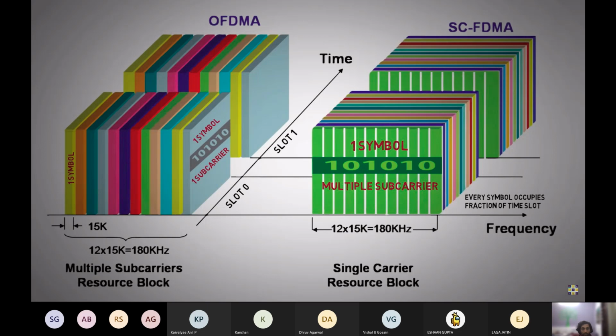So we are doing both: in frequency we divide, and in time domain we also make slot 0, slot 1. This image that I have taken is from 4G. So in 4G, while transmitting from the mobile tower to the mobile device, the signal looks something like this.